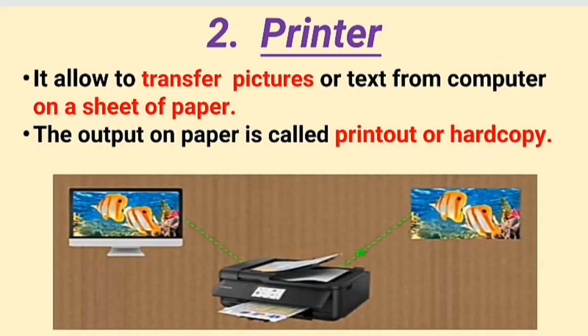Let's start with the second output device, that is the printer. What is the use of a printer? It allows us to transfer pictures or text from the computer onto a sheet of paper.